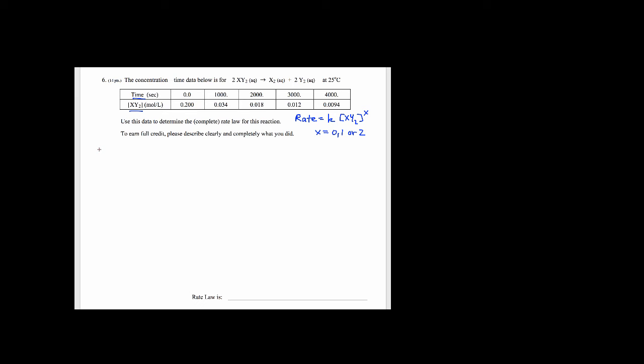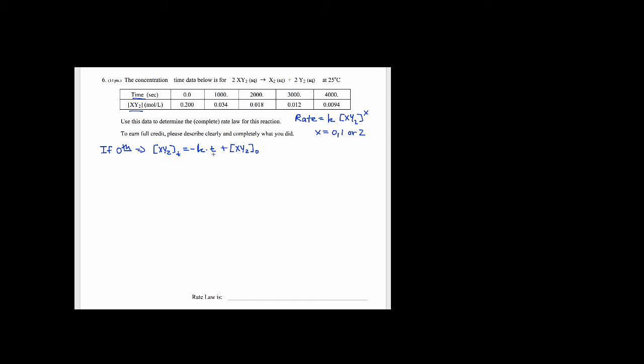And what we know is if we have a 0th order rate law in terms of XY2, then that means that the concentration of XY2 at some time t is equal to the negative of the rate constant times the time plus the concentration of XY2 at time 0 initially.